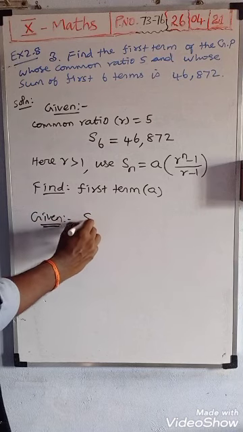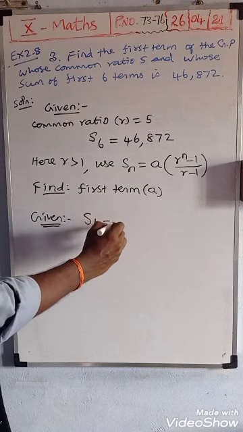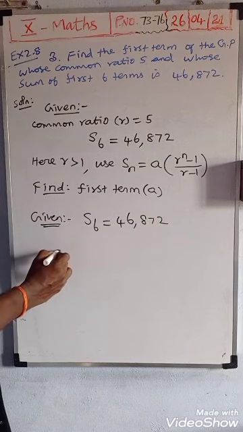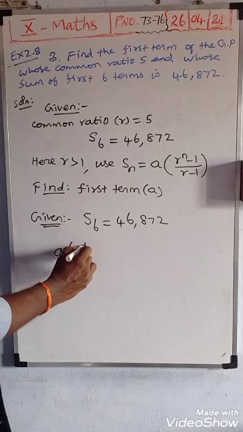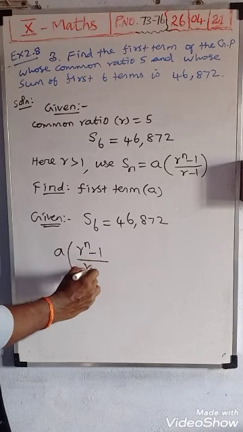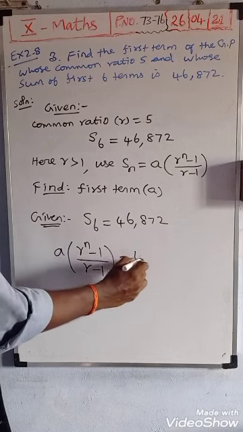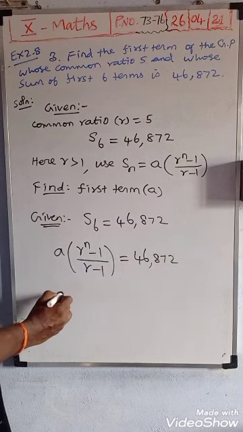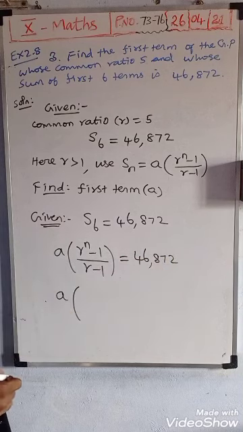Given S6 = 46,872, use the S6 formula: A(R^n − 1)/(R − 1) = 46,872. A we do not know, A only we want to find, so write A as it is.